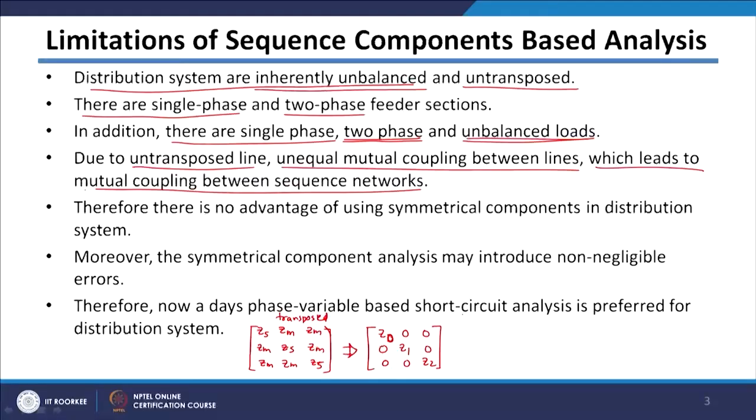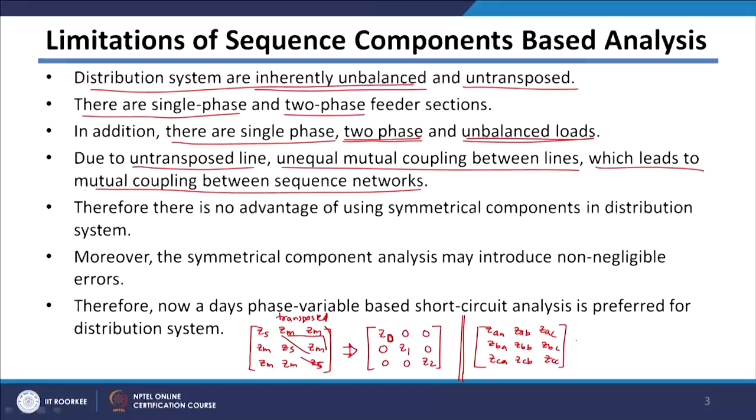However, if the line is untransposed, these Zms are not equal to each other. In that case the matrix will be ZAA, ZAB, ZAC; ZBA, ZBB, ZBC; ZCA, ZCB, ZCC, and all of them are different from each other.